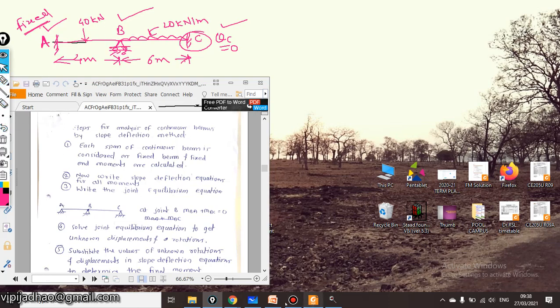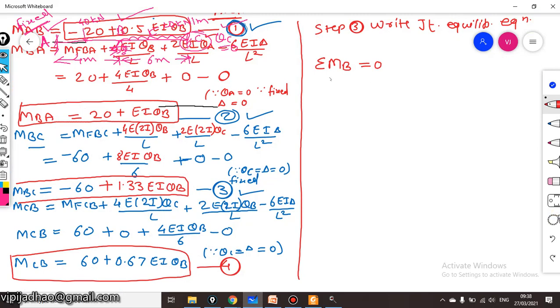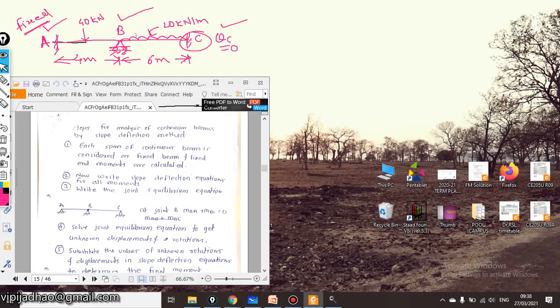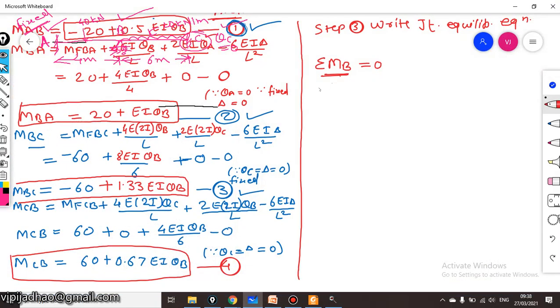So put the values here. Summation of moment at B means MBA plus MBC is equal to 0. Therefore MBA plus MBC is equal to 0. So we have equation number 2 and equation number 3.